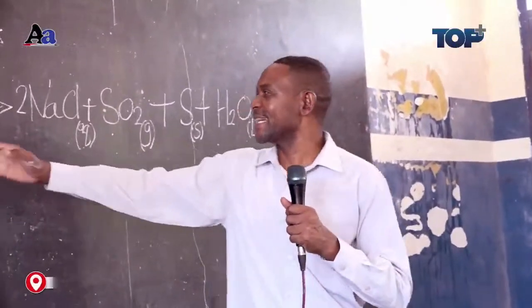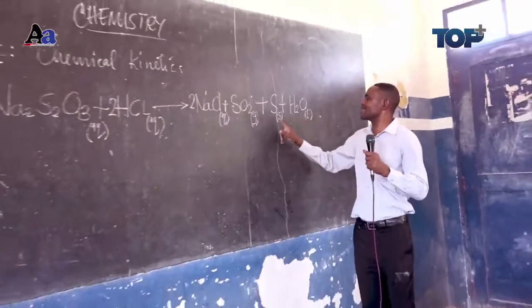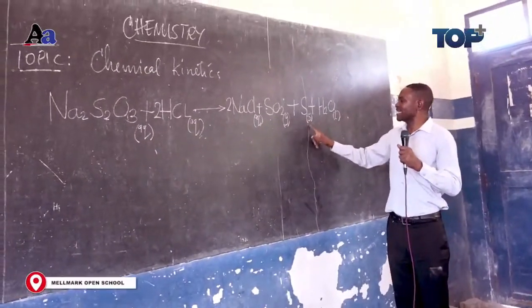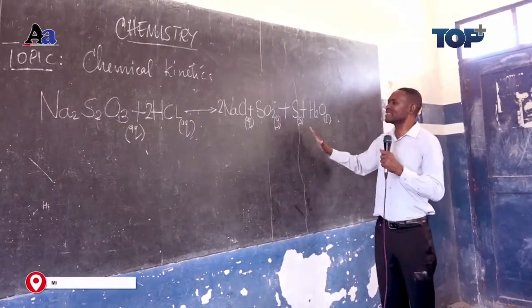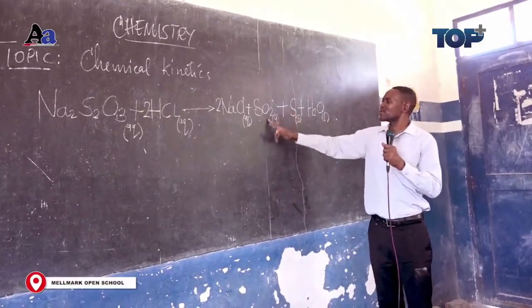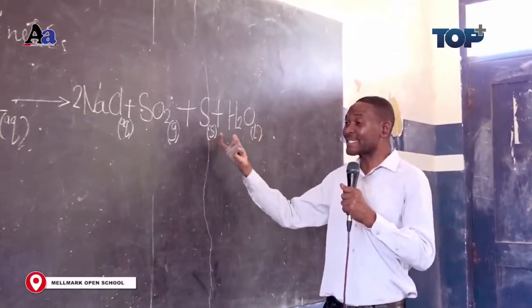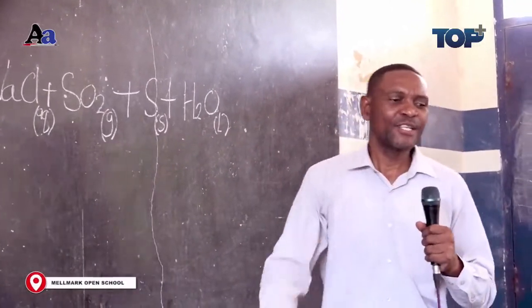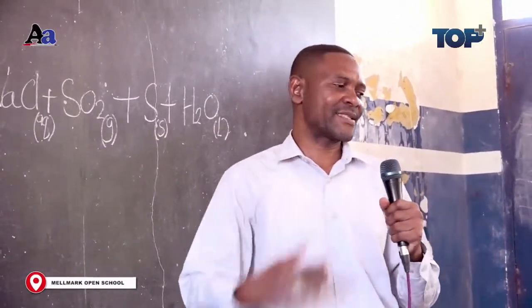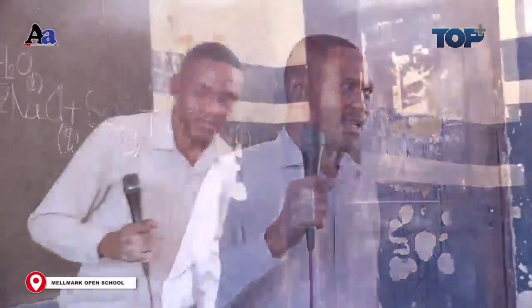Okay. The X disappeared due to the deposition of sulfur. As you can see in the chemical equation here, one of the products that is produced is sulfur. Sulfur is the only solid. The rest are not solids. Sodium chloride is aqueous, sulfur dioxide is gas, and this water is liquid. This solid is what goes down to the bottom of the conical flask to have the deposit that makes the X that we had put there disappear.